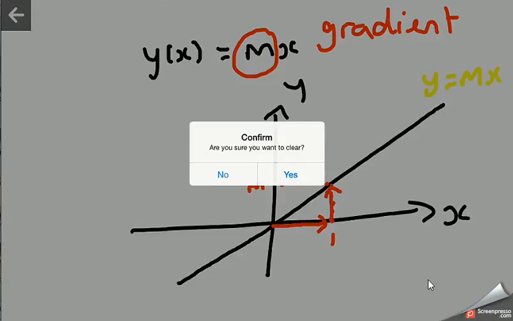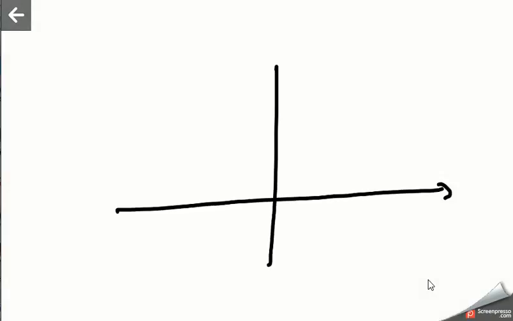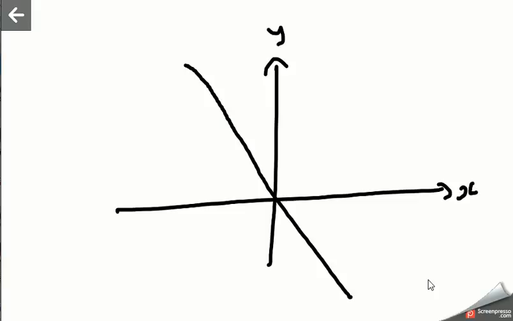Let me do another example real quick. So this is x, this is y. If we have the function y equals negative 2x, why does it look like that? Because when x is equal to 1, y is equal to negative 2.